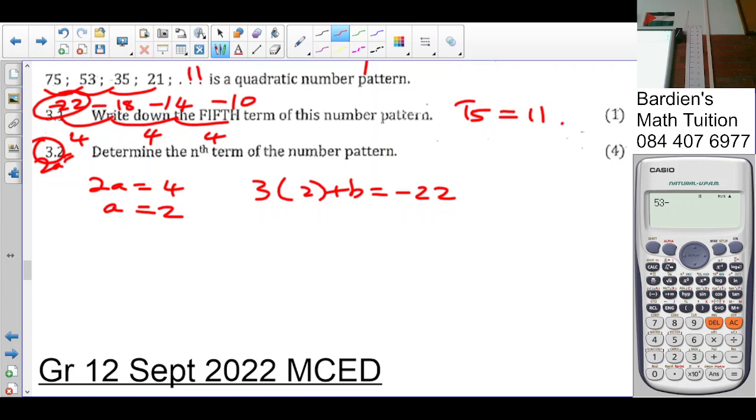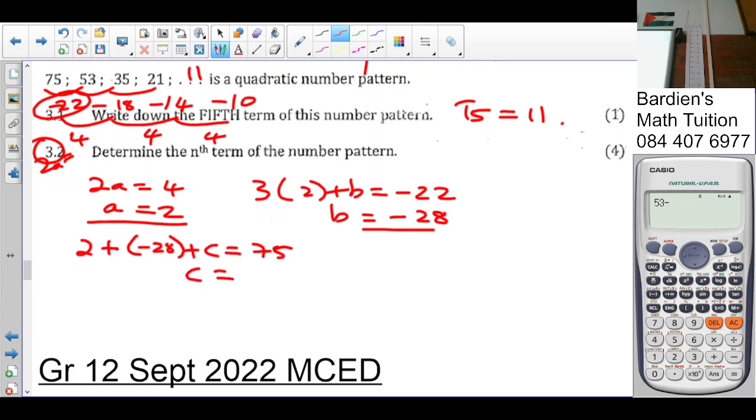So a is 2, so b is going to be negative 28. Is that correct? Then a plus b plus c is equal to 75, so c works out to be 101. Is that correct? So then, therefore, Tn is equal to 2n squared minus 28n plus 101.